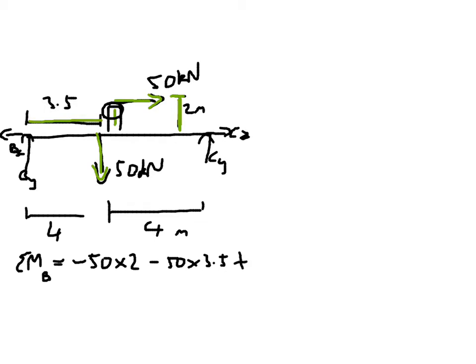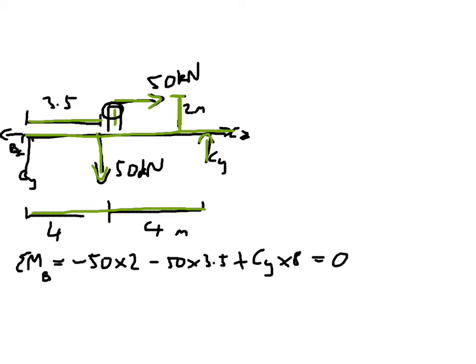We're going to have plus CY times 8. Fairly obviously that's CY, and the 8 is the 2 and 4 metres added together. And that all adds to equal 0. CX is working straight through the B point, so it's times 0 metres, so we can ignore it.